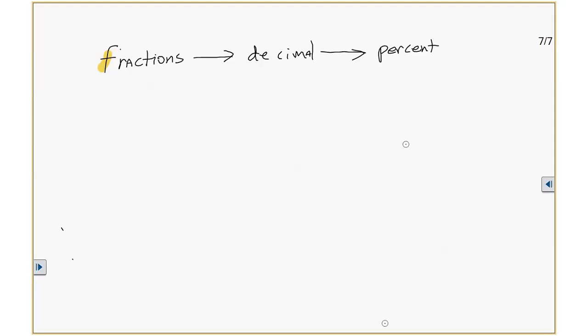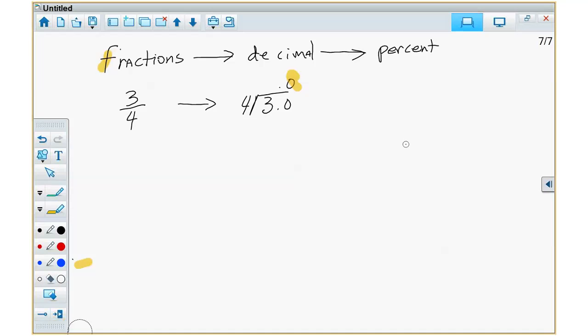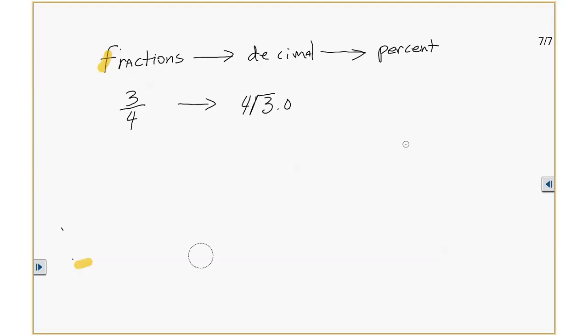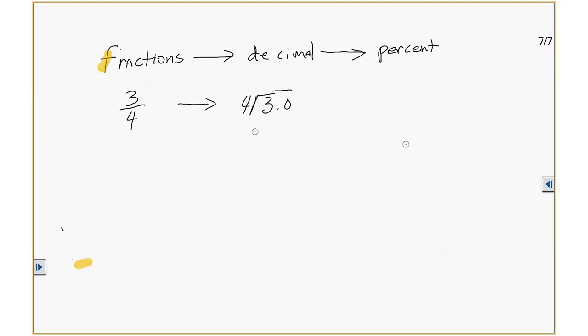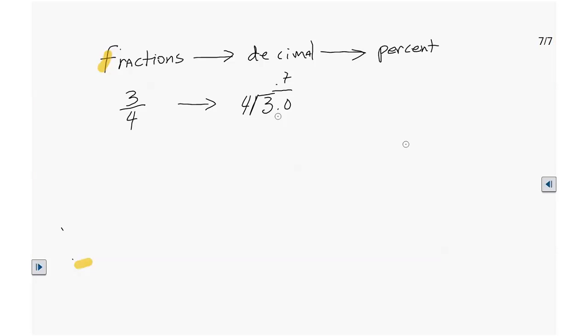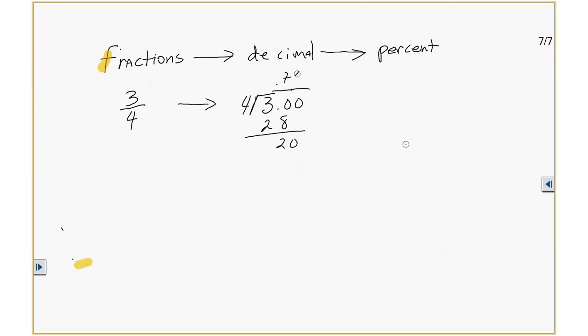So if I start with a fraction of 3/4, then you should be able to change it into a decimal. Divide it: 4 goes into 30 seven times, that's 28, and 4 goes into 20 five times, so the decimal is 0.75.